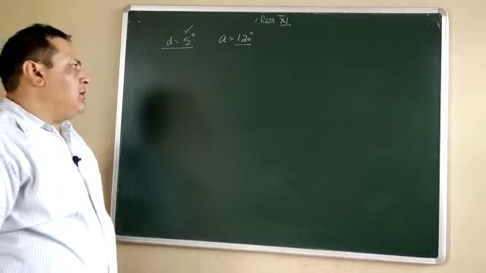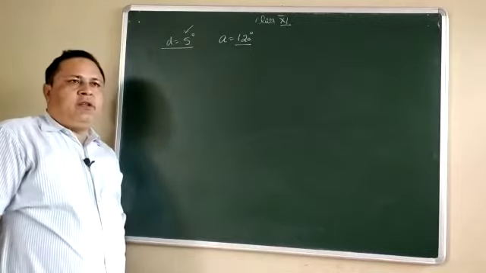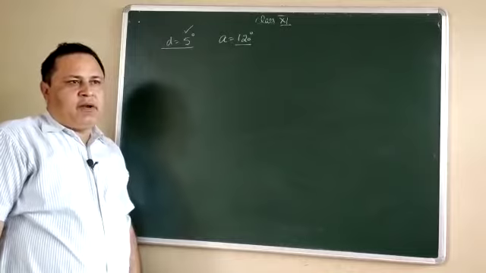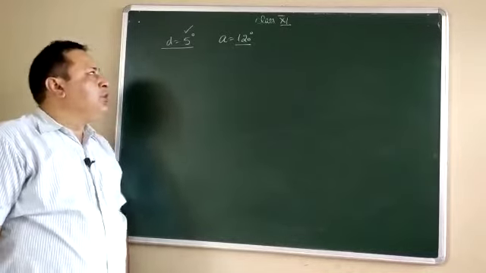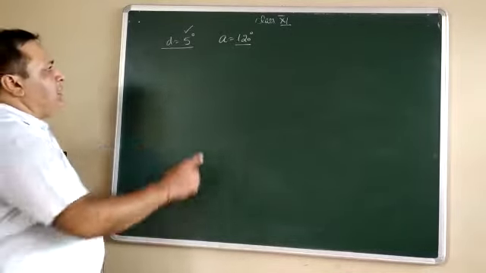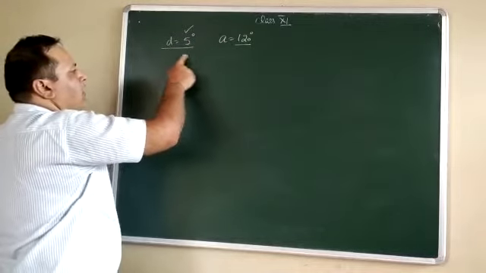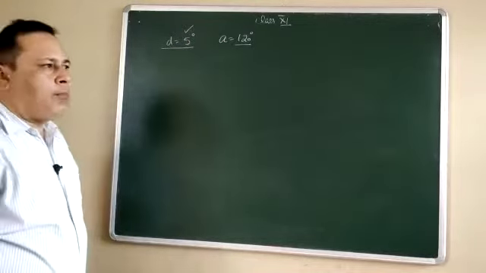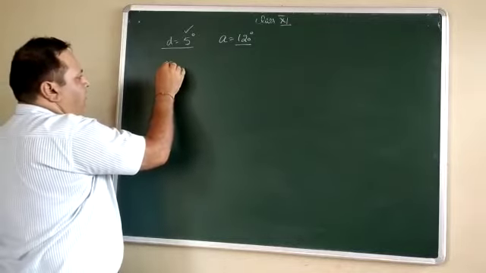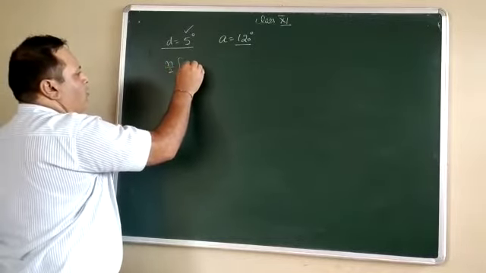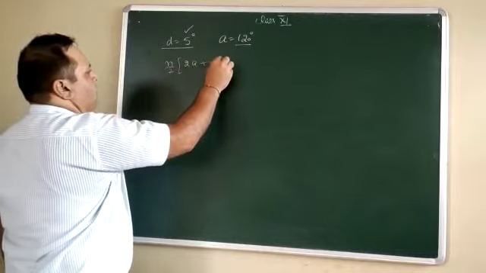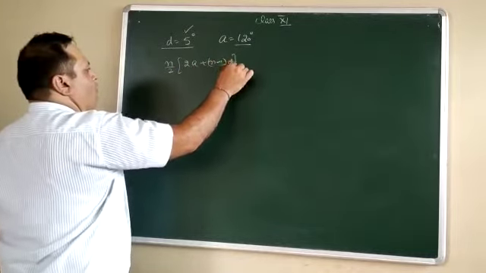A polygon means a closed figure. It may have 3, 4, 5, 10, any number of sides. So let us see, when the initial angle a is given and d is given, what is the formula for the total angle of a polygon? It is simple, n by 2 into 2a plus n minus 1 into d.